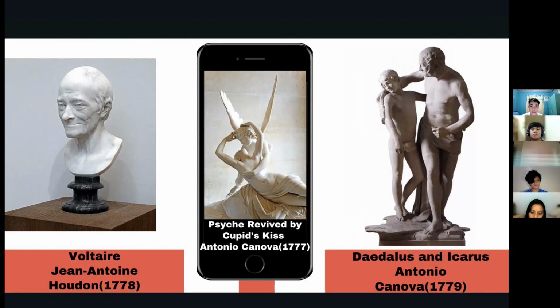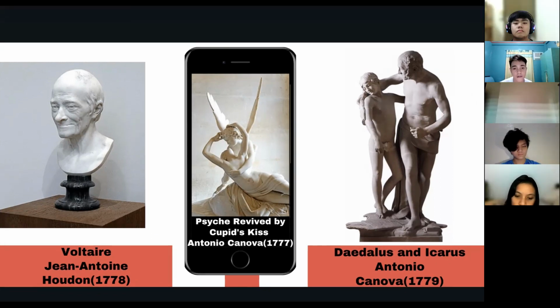His graceful compositions and ability to carve and finish marble to resemble living flesh established his reputation as an artist of beautiful works. This work was inspired by the mythological story of Cupid and Psyche, as told in The Golden Ass, a Latin novel by Lucius Apuleius.